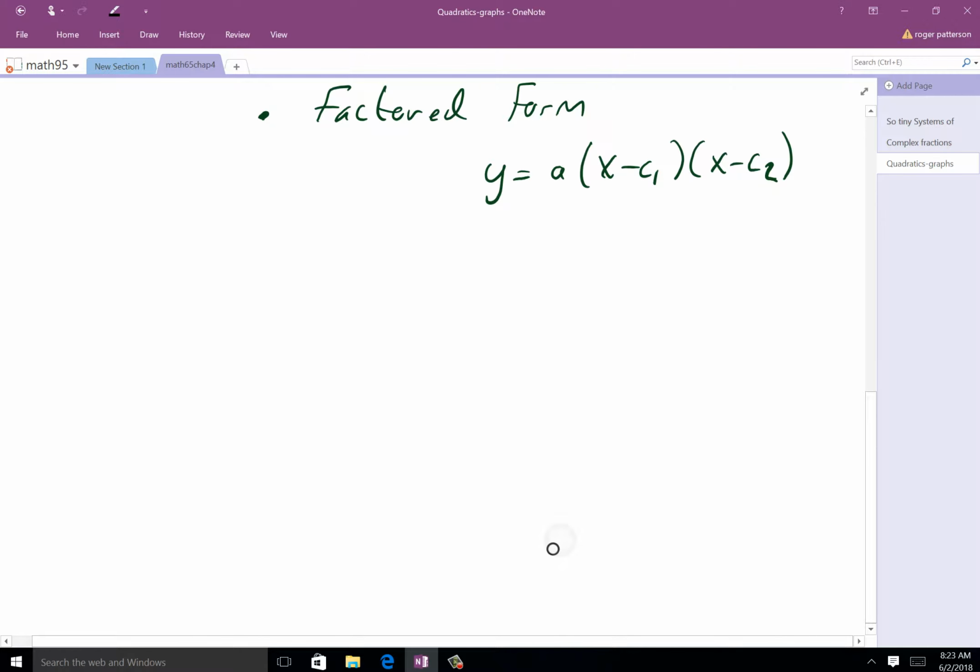Okay, so for the general form, A, we said, changes the width of the graph.